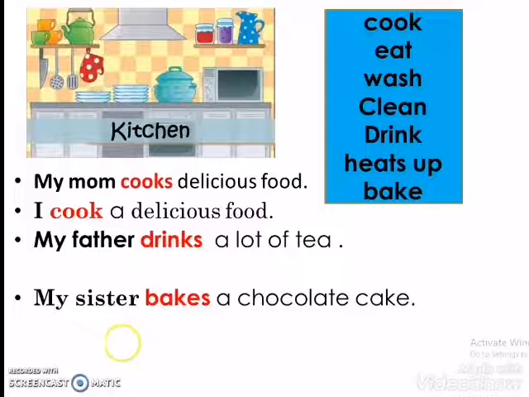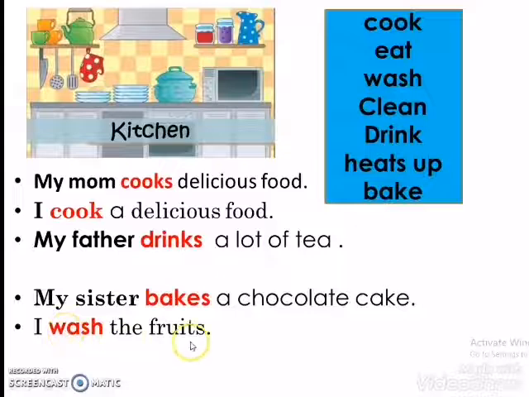My sister bakes a chocolate cake. My sister, I have one noun, sister. Because I have one noun, what did I add for the action verb? I add an s. My sister bakes a chocolate cake.